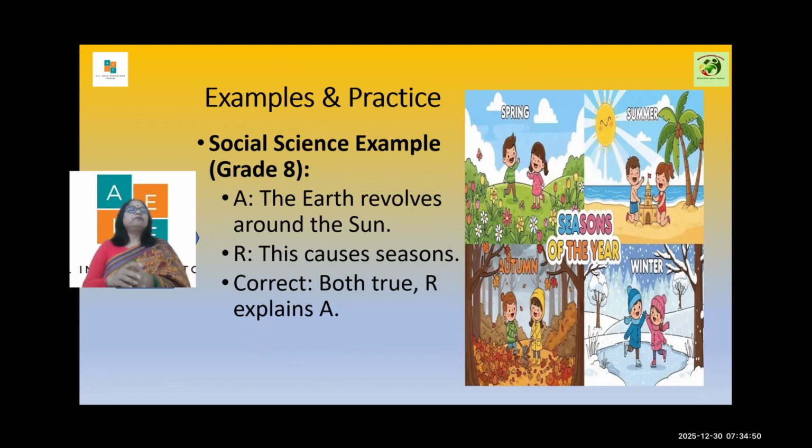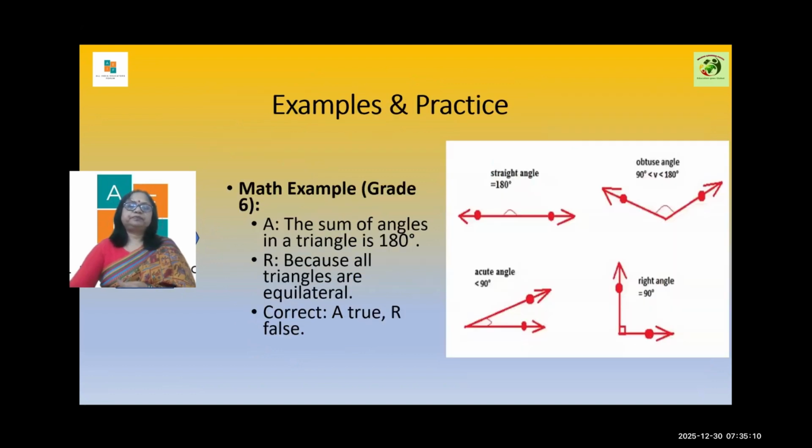The assertion says the earth revolves around the sun, and the reason is this causes seasons. So both A and R are true, and R explains A, that is, the assertion.